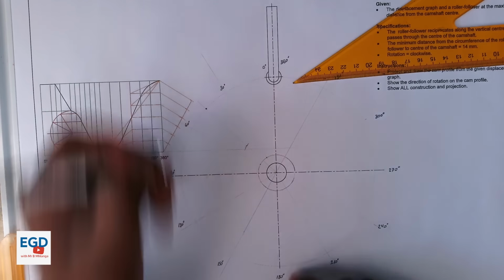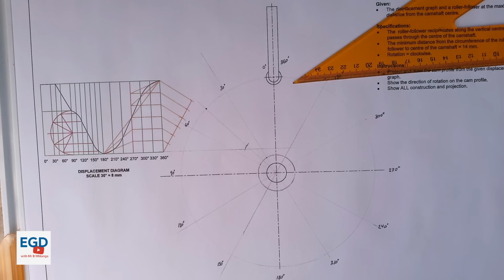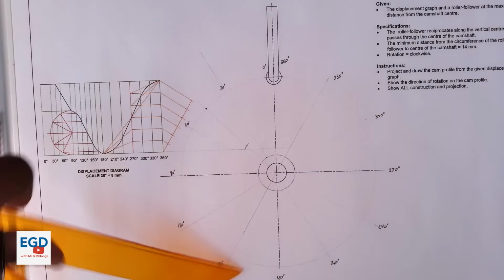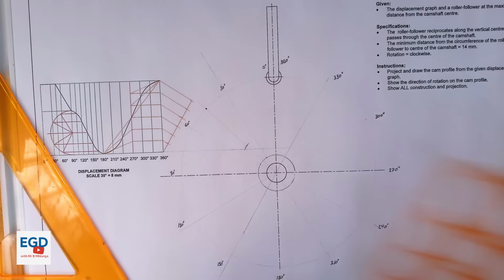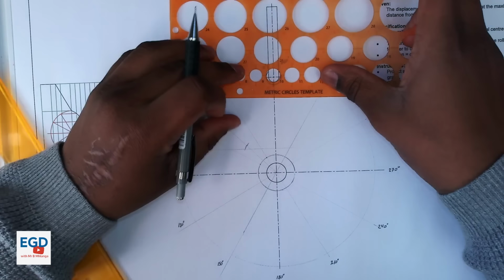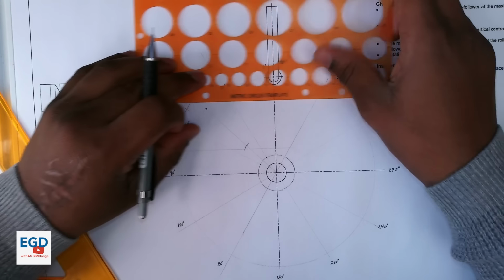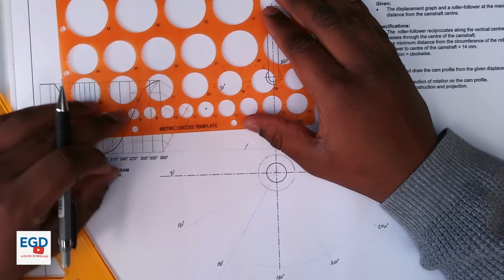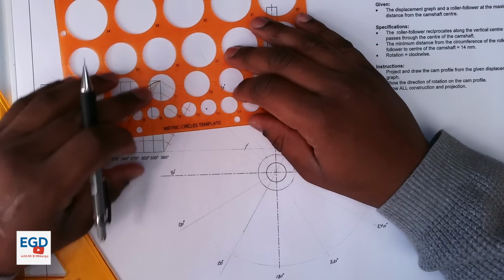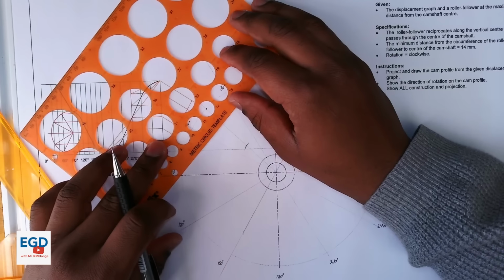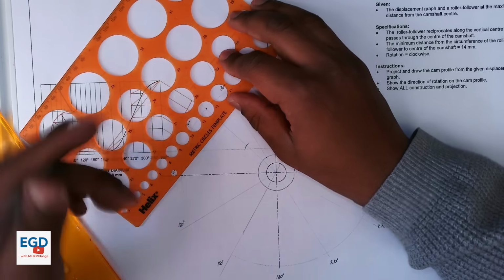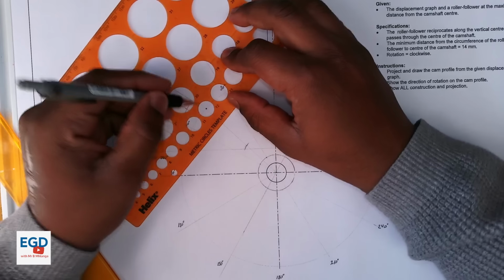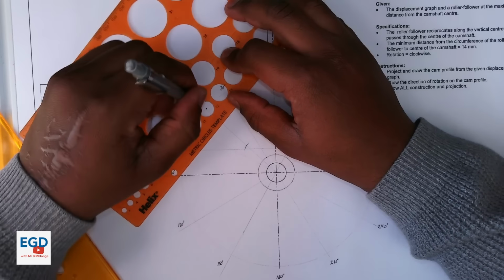Now I'll draw in that small circle. It's 12, right? So I'll put my stencil there and draw a circle like construction.